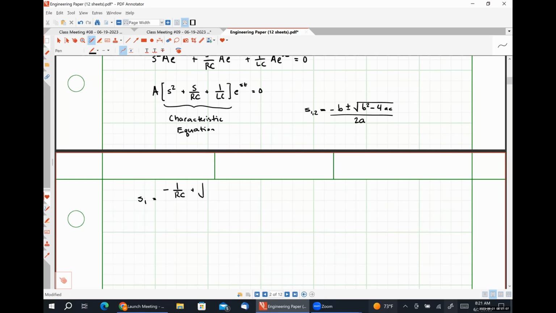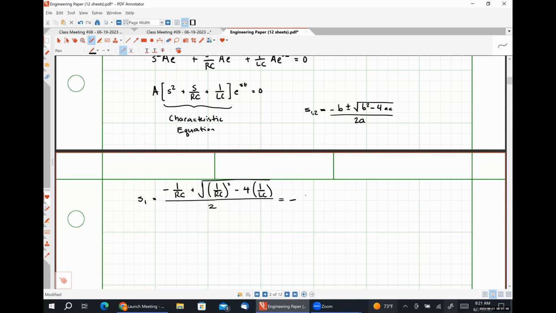plus the square root of b squared, so that's going to look like 1 over RC quantity squared minus 4 times a, where a is 1, times c, where c is 1 over LC, and all of this will be divided by 2. And so what I'm going to do now is make it a little prettier by moving that 2 in the denominator up into the numerator, right?